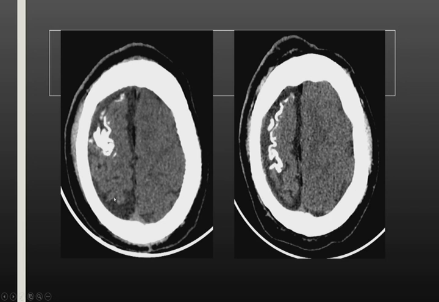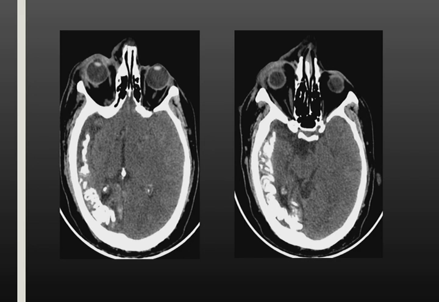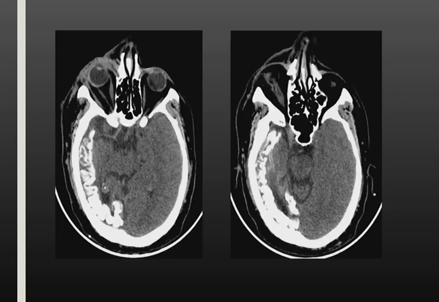It also demonstrates loss of volume of the hemisphere and the ipsilateral parenchyma. The right choroid plexus is enlarged, and in this image we can see the tram-track sign on the cortical and subcortical calcifications.